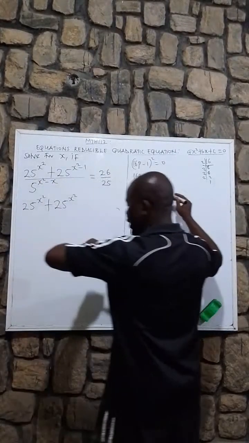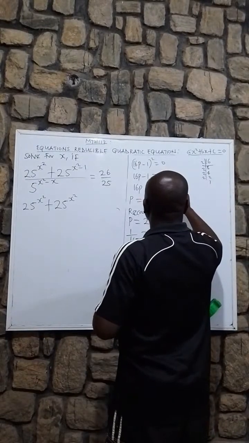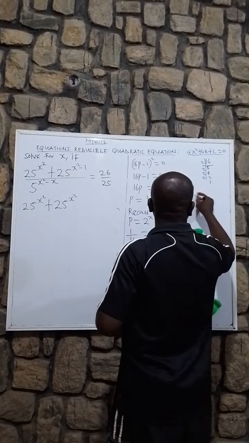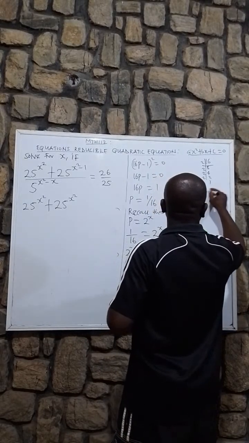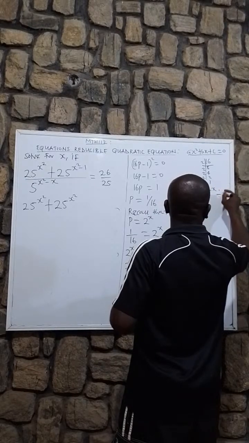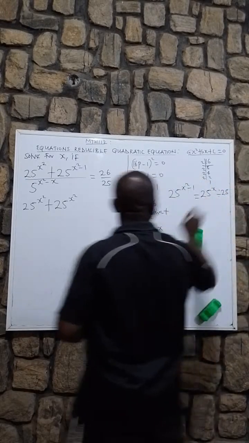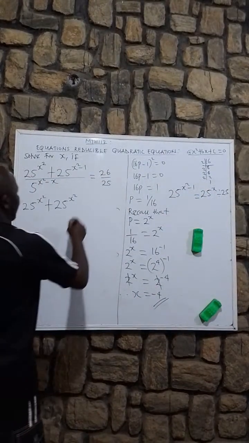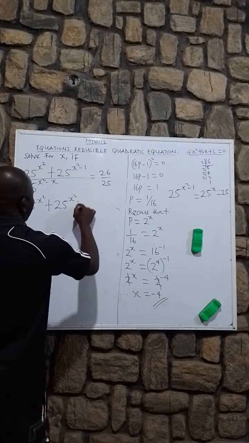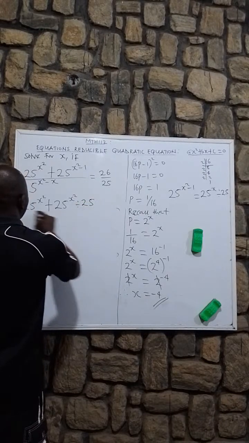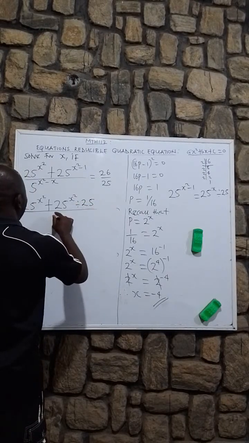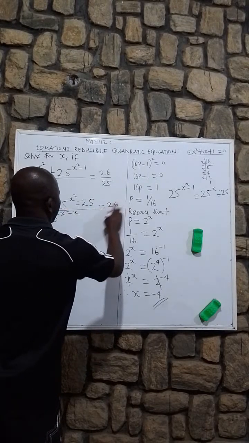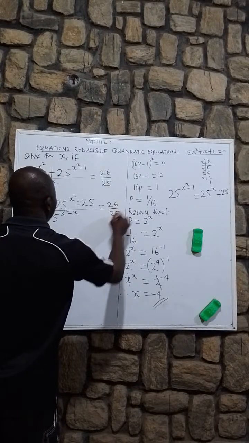Note that when we have something of this form, x squared minus 1, this is division: 25 to the power x divided by 25. True or false? So the bases being the same, the powers will subtract each other. So let's do it this way. Divide 25 all over 5 to the power x squared minus x equals 26 all over 25.